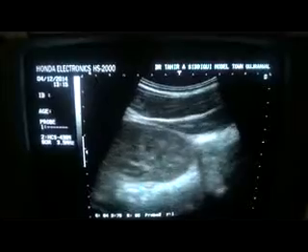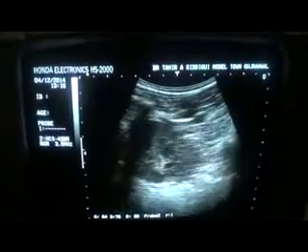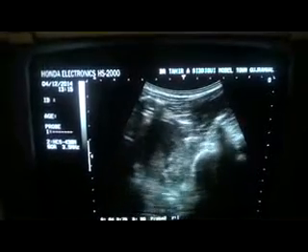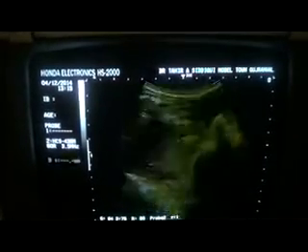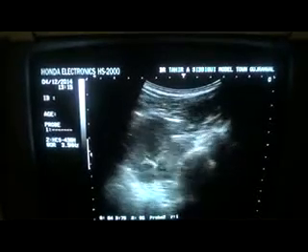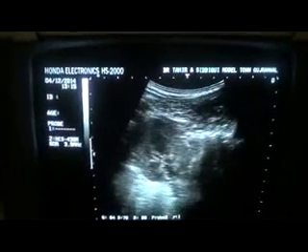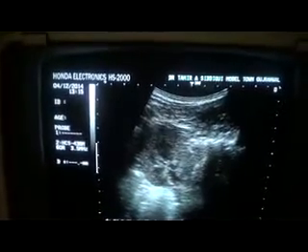This is the longitudinal section. I will give a 90-degree sweep, and here we will come towards the hilar region. These are the hilar region vessels, which are patent.